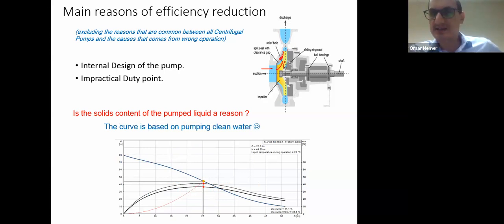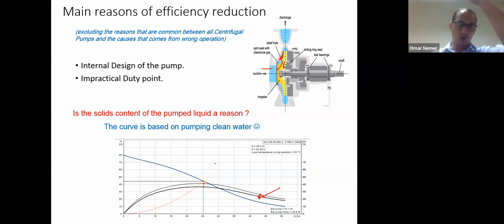The answer is, look, if you open any catalog for submersible pumps, and you see the pump curve like this, the pump efficiency curve, okay? This curve is not showing lower efficiency because there are particles in the liquid.